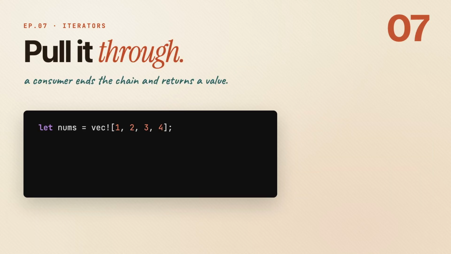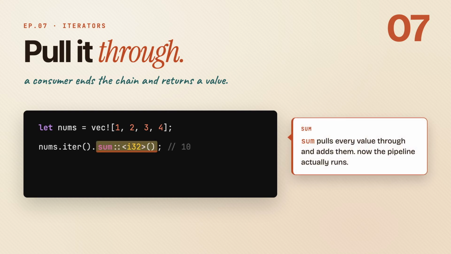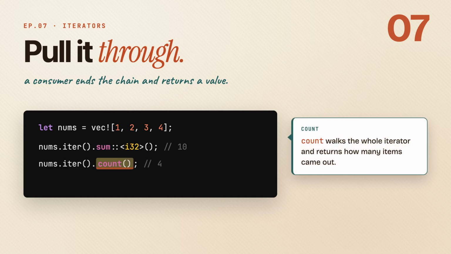What actually gets asked for in these situations? Well, a consumer. So sum pulls every value through and adds them up: 24. Now the pipeline really runs. Count works the whole thing and tells you how many came out, which is 3.